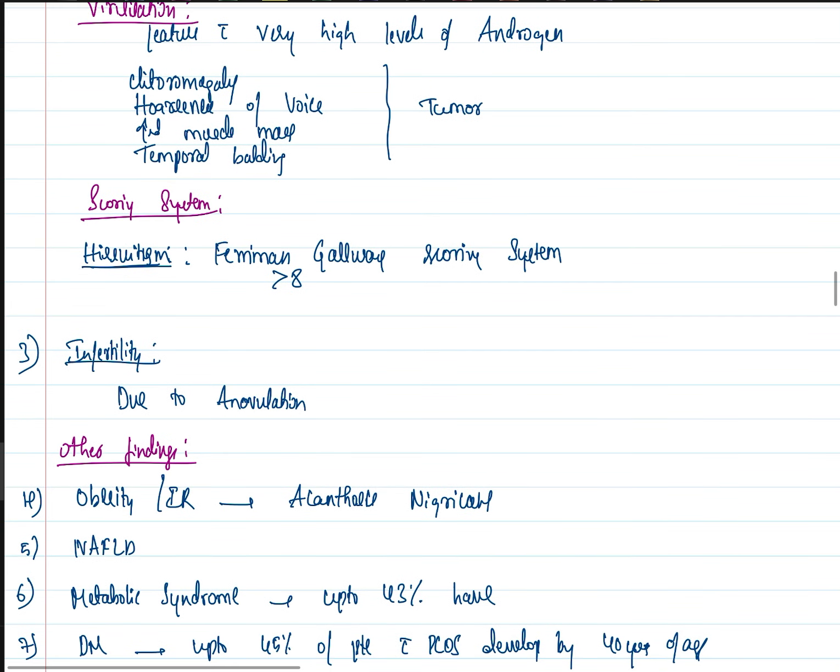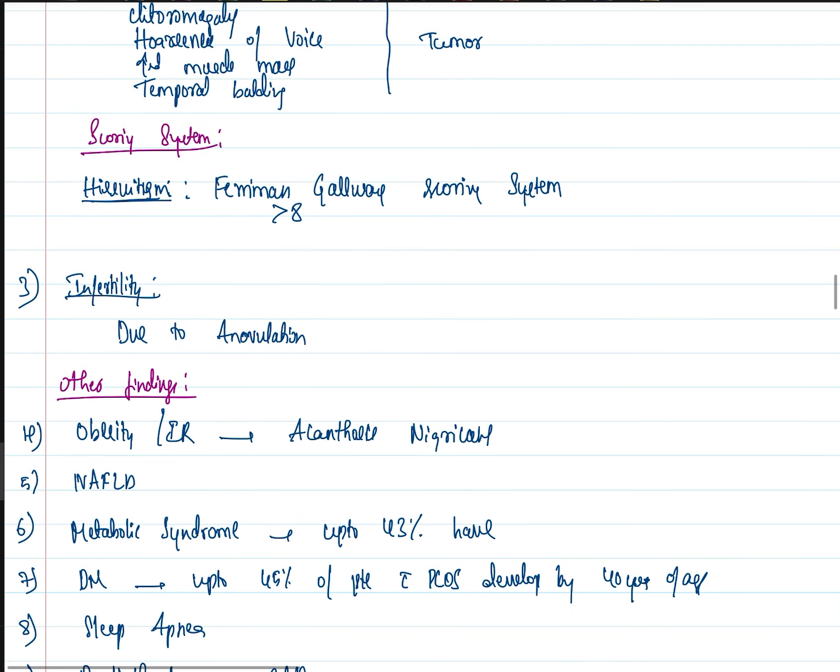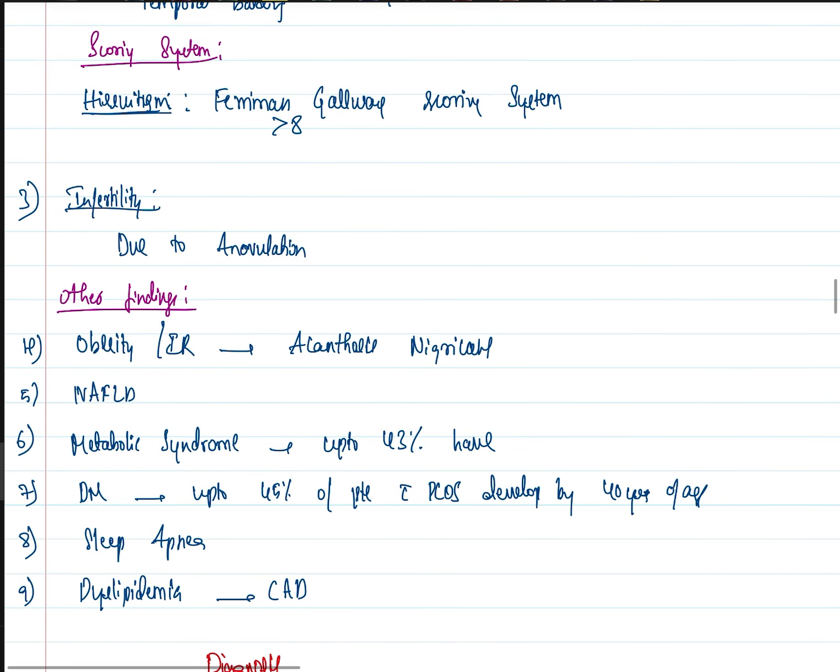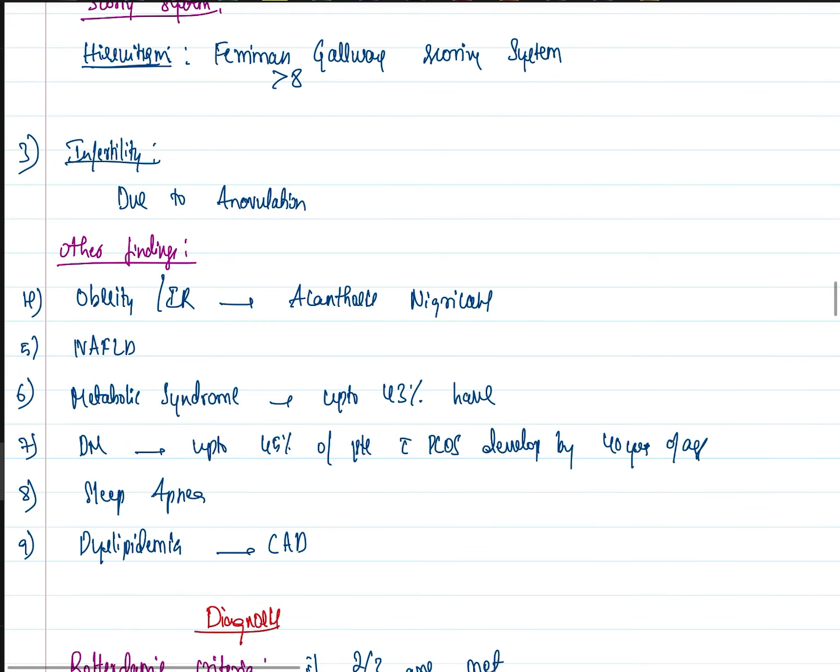That could be because of anovulation. Okay, what are the other findings? Obesity, insulin resistance, because of which you can see hyperpigmented patches over the body, like at the neck fold, axilla, groin, and all, acanthosis nigricans, non-alcoholic fatty liver disease, metabolic syndrome.